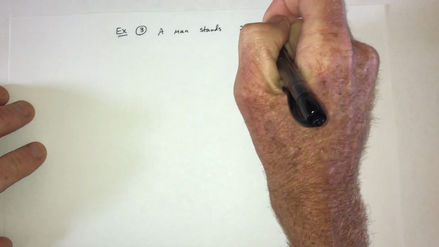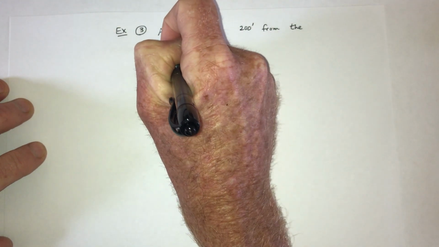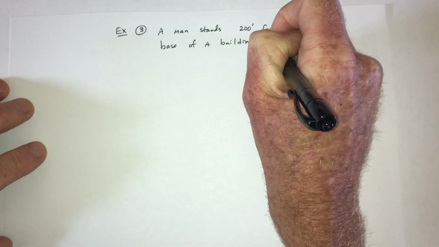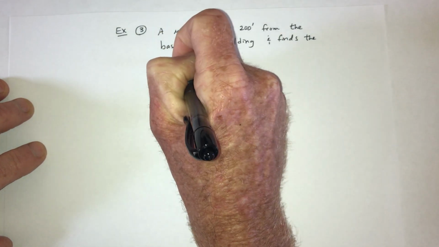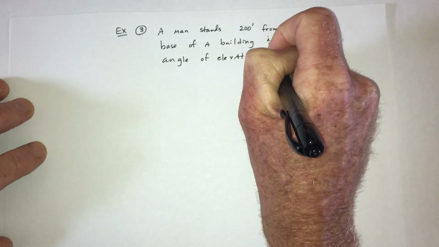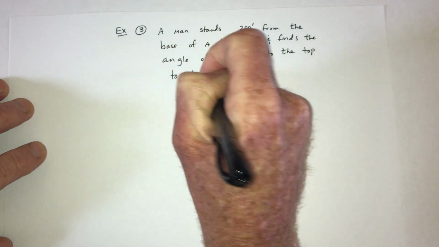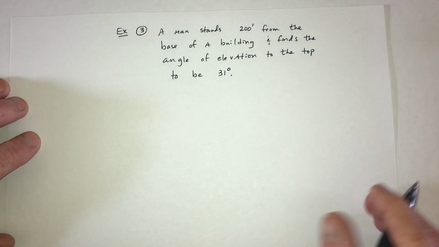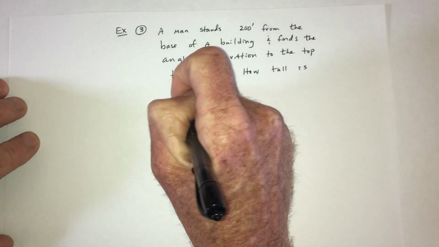So this man stands 200 feet from the base of a building, and then finds the angle of elevation to the top of the building. And the angle of elevation is 31 degrees. So how tall is the building?